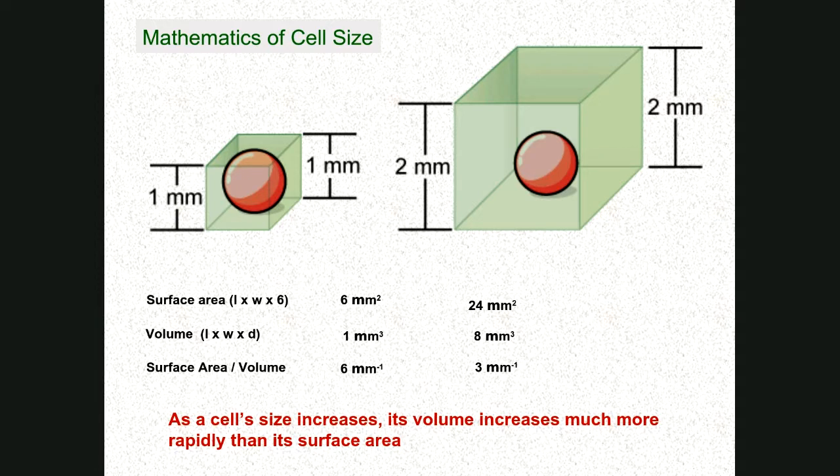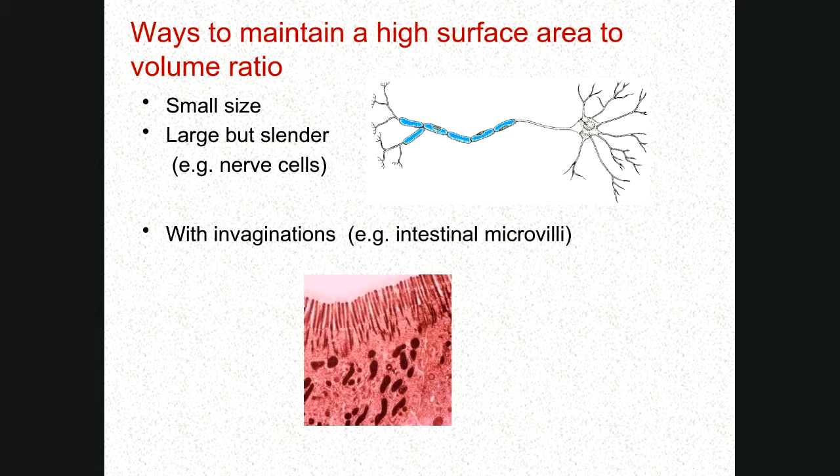Look at these cells. Look at the ways to maintain a high surface area to volume ratio. It's a small cell, but also very large and slender nerve cells. They must have a high surface area to volume ratio so they can maintain their own homeostasis.